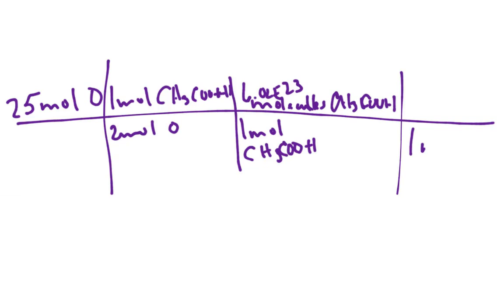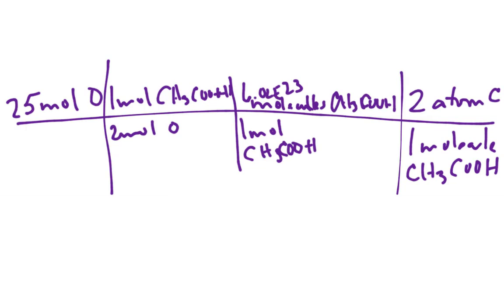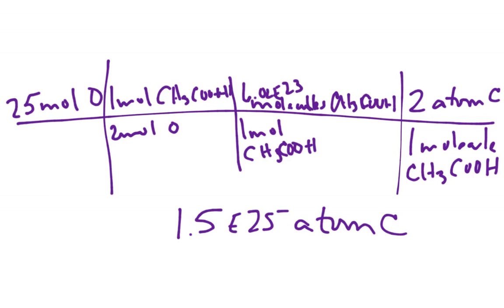And in 1 molecule of acetic acid, I have 2 atoms of carbon. Alright, so I times all that out, and I get 1.5 e to the 25th atoms of carbon. And that is the review for your test.